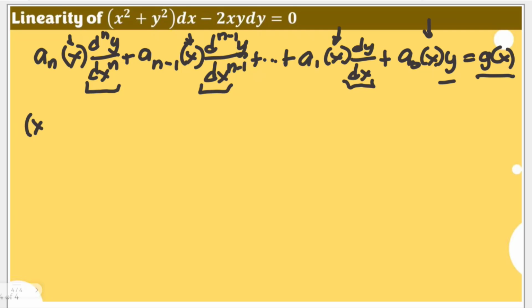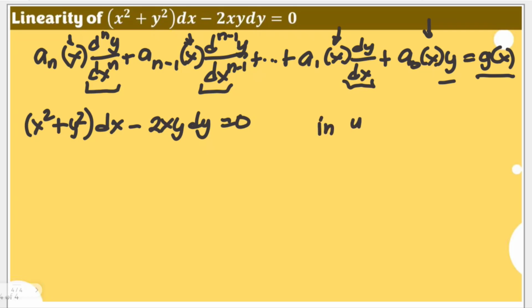This given equation, (x squared plus y squared) dx minus 2xy dy equal to 0. Let's check whether this is linear in the variable y. So in y, that's what we're talking about. We would like to use y as our dependent variable.